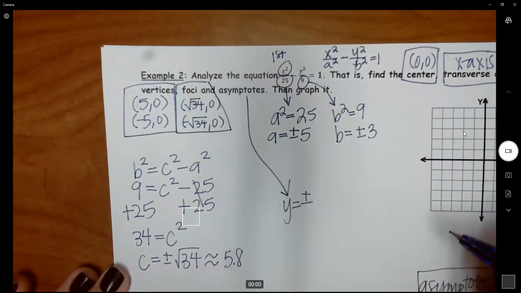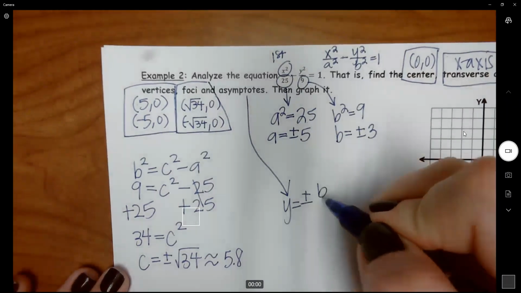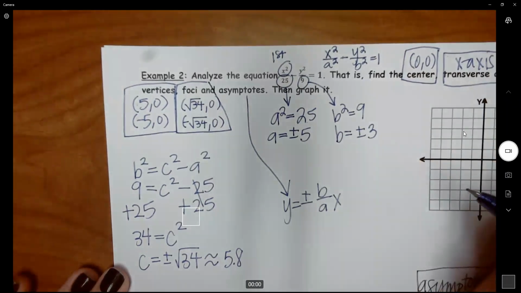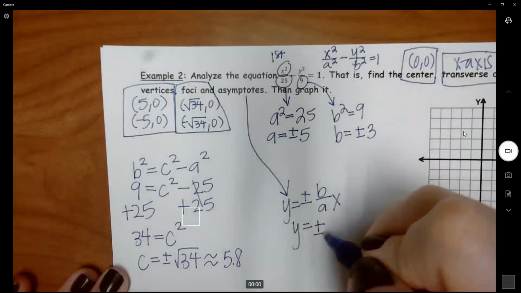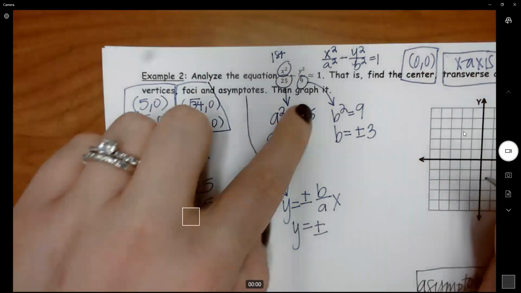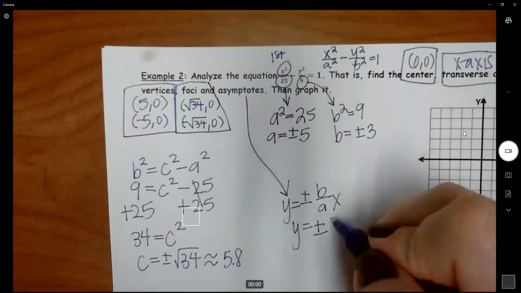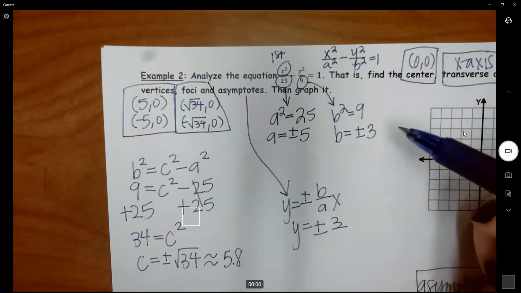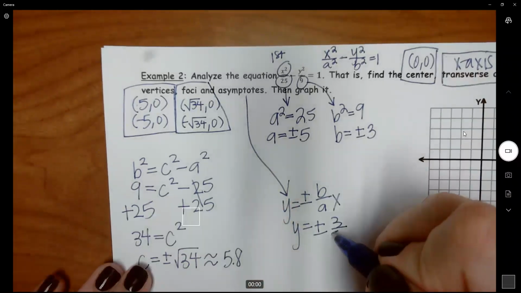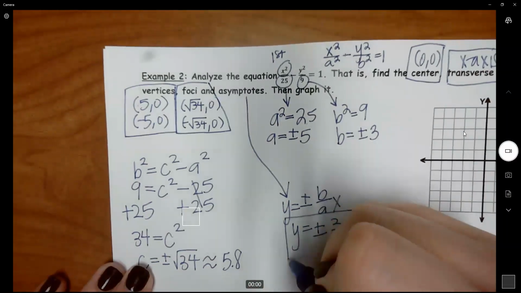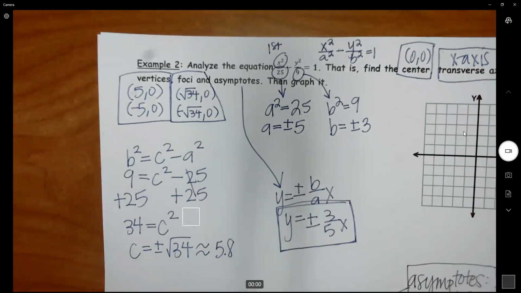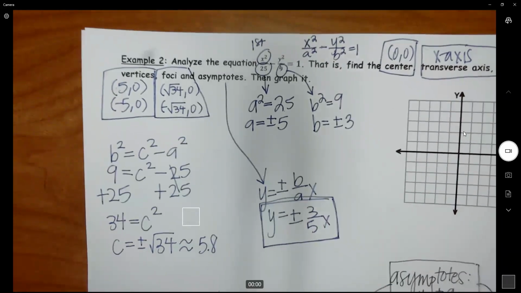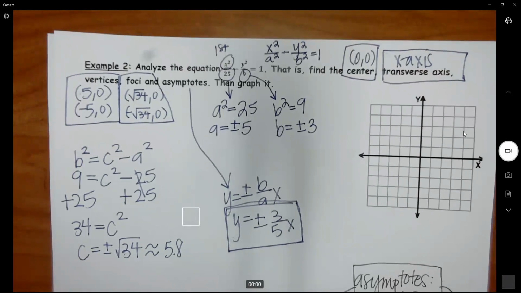My formula is y equals plus or minus b over a x. So we will have plus or minus, my b is 3, over a, which is 5, x. So those are my two asymptotes. All right, so we now have all of our information. So now let's graph.